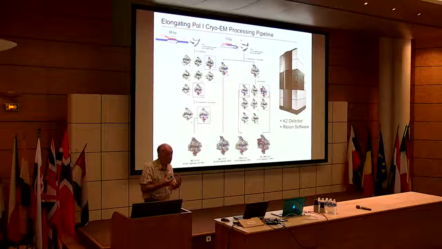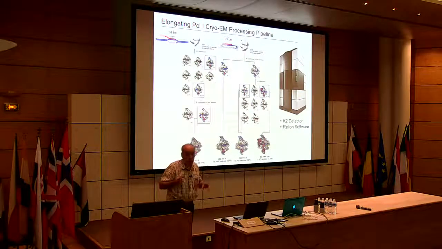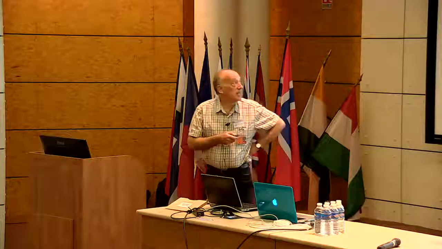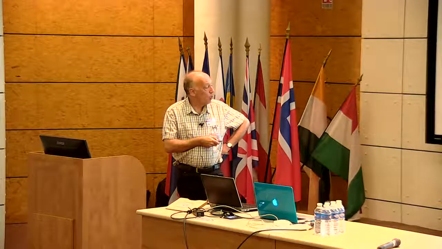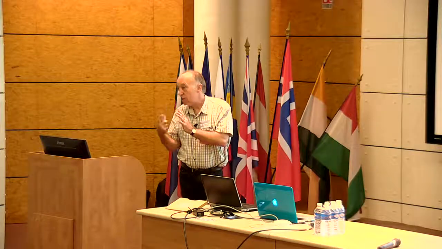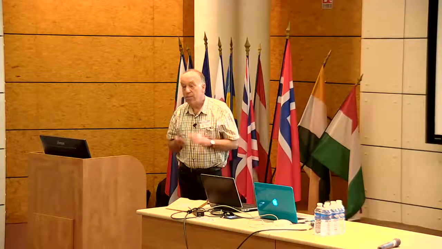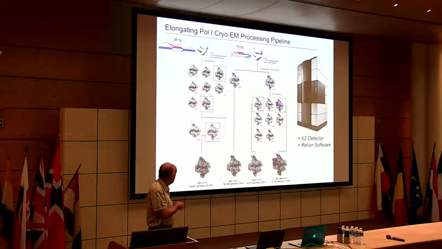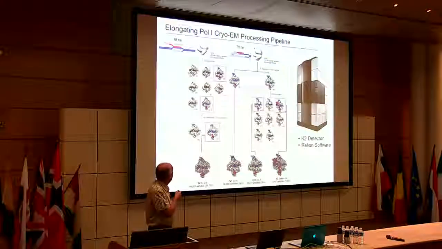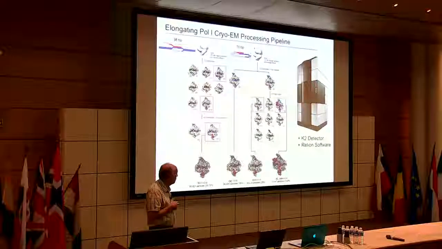And we had another transcription scaffold which was longer. In this case, we obtained, in fact, 3 different structures. One, an open complex, where we see the DNA but we don't see the RNA bound to it. We see an elongation complex, which is very similar to the elongation complex we obtained with the shorter scaffold.